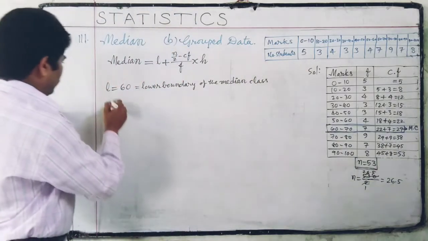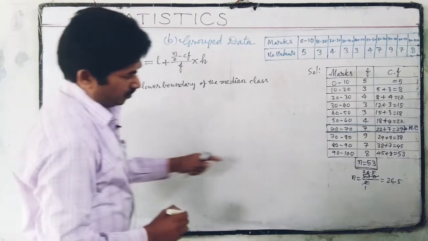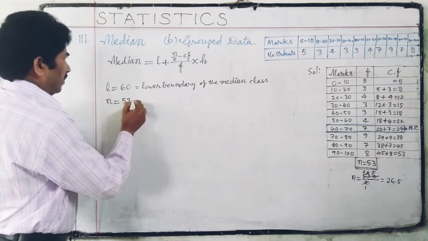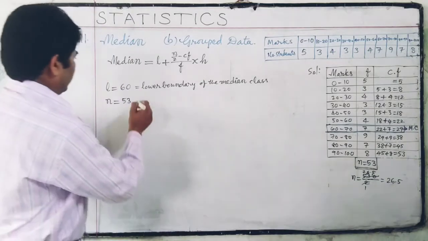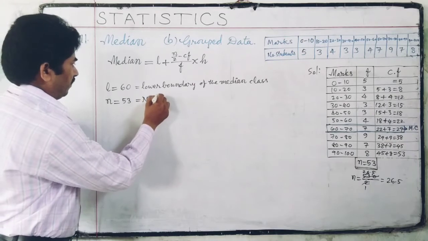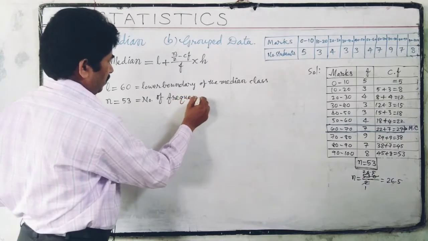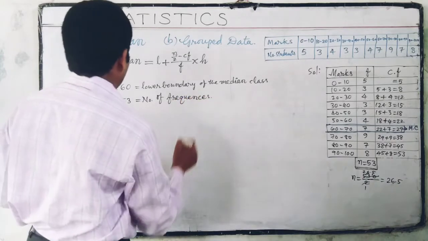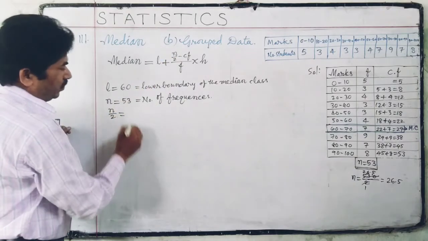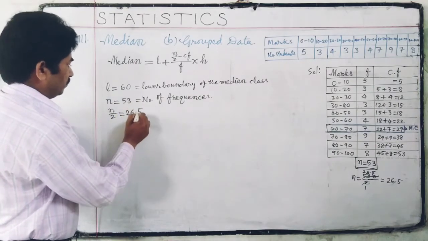Next, n by 2. n is 53, the number of frequencies. But here we want n by 2, which is 26.5. This we want.